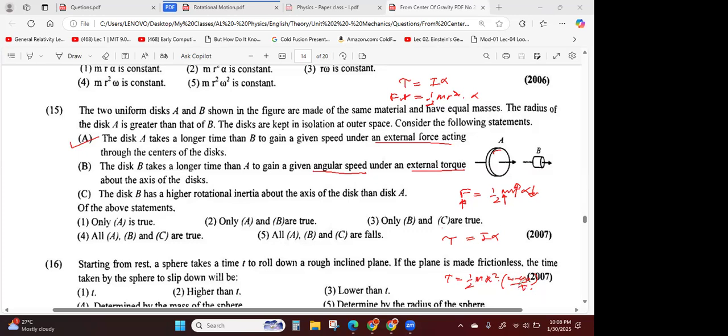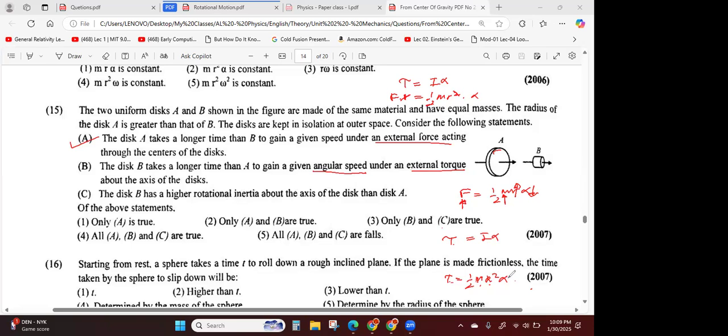So therefore alpha will be small. Else I can just think of alpha: tau equals I alpha, M constant. R is large means alpha will be small, because under an external torque we keep the torque constant, so mass is also constant.